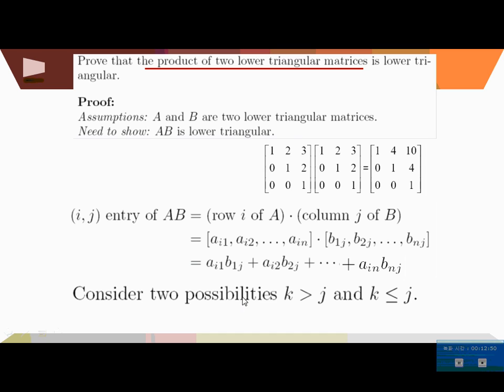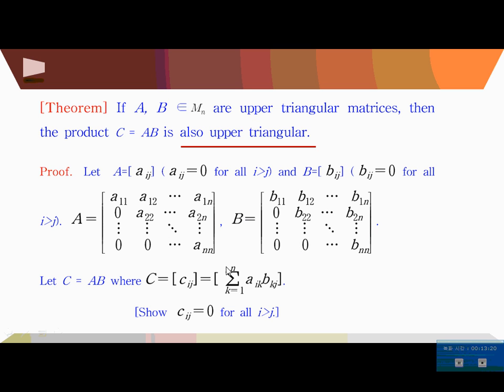In order to show AB is a lower triangular matrix, all we have to do is look at the ij entry of the product and see that the superdiagonal entries are all zeros, which means the ij entry is 0 for the superdiagonal entries. Here is the actual proof.